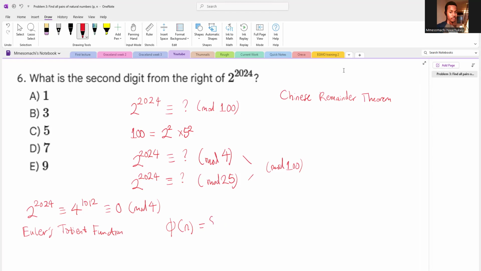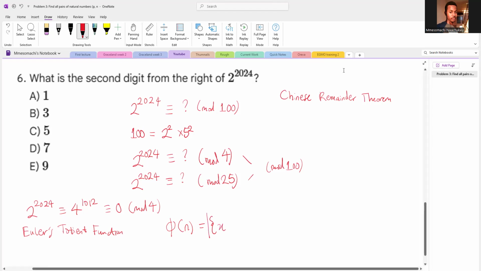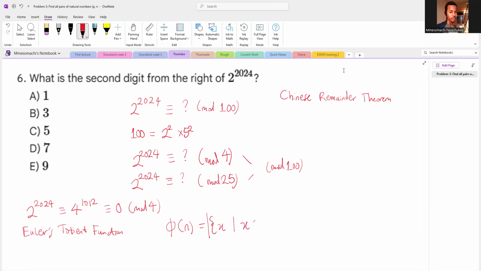In set notation, x such that x is a member of the natural numbers, x is less than n, and GCD of x and n is equal to 1. This is the totient function.